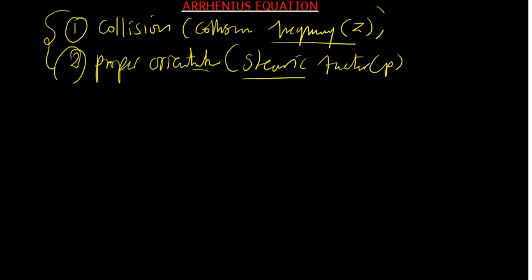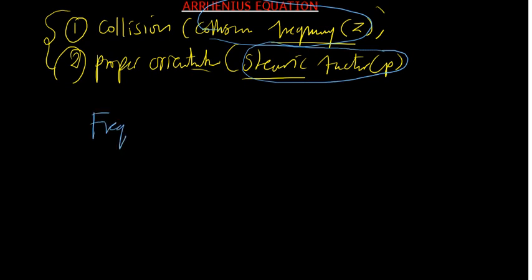So we are saying when we combine the collision frequency, that is how many collisions are happening in a chemical reaction per second, with how many collisions are happening in the right molecular orientation, that is going to give us what is called the frequency factor. The symbol for frequency factor is A. So the frequency factor is how many collisions are happening in a chemical reaction per second with a correct molecular orientation.